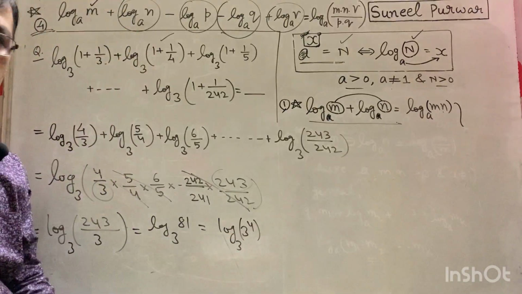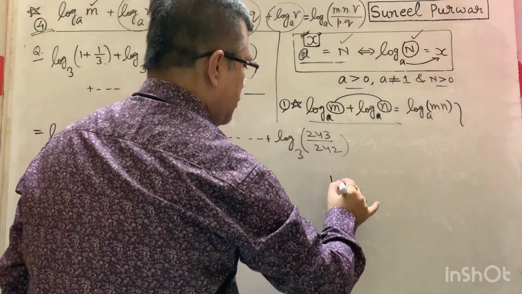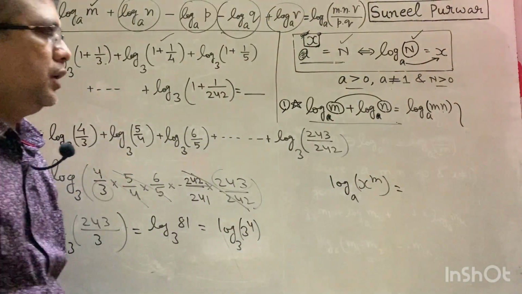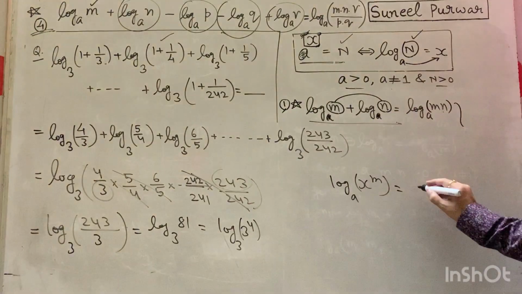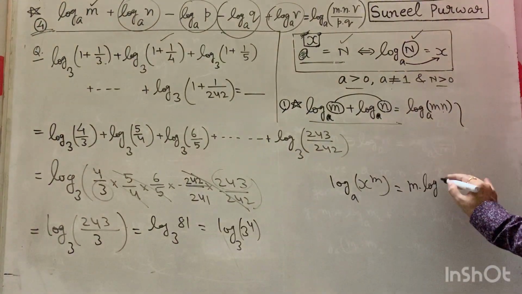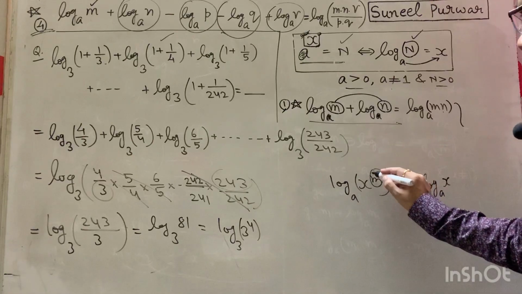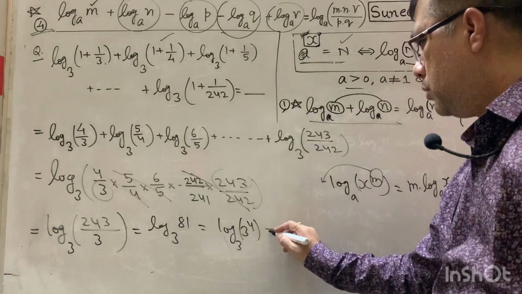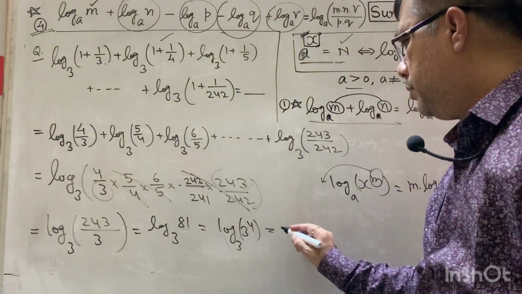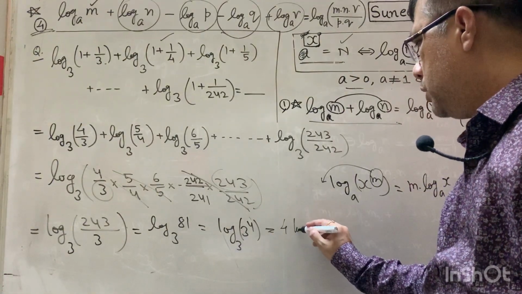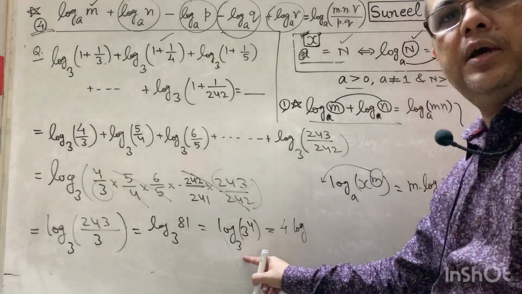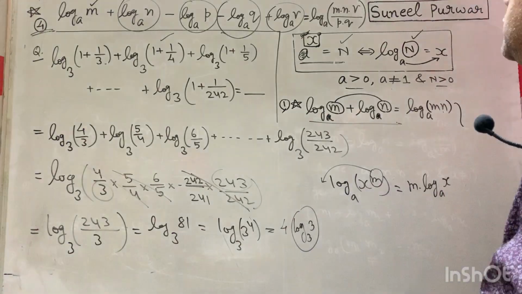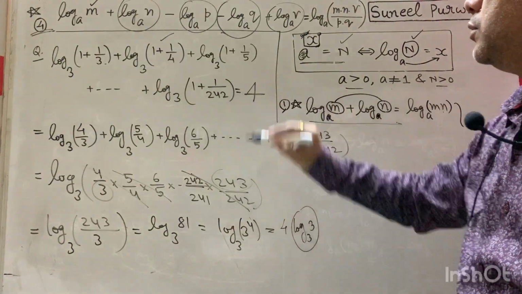And you remember that property, log of x to the power m base a is equal to m times log of x base a. This number m flies out, the exponent flies out. So this will become what? 4 times, this 4 will go out, and what is left? Log of 3 to the base 3, and this value you know is 1. So what's your answer? 4. Your answer is 4.